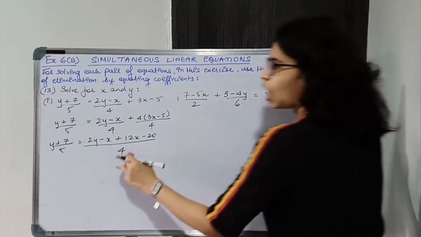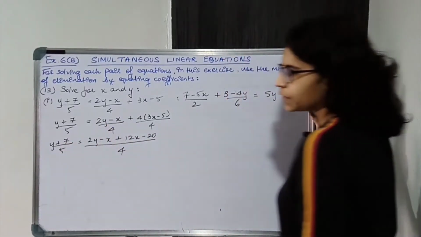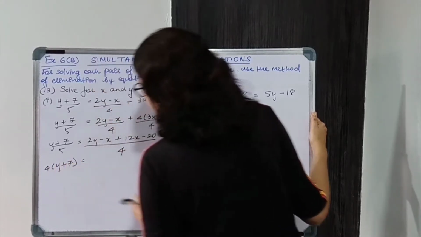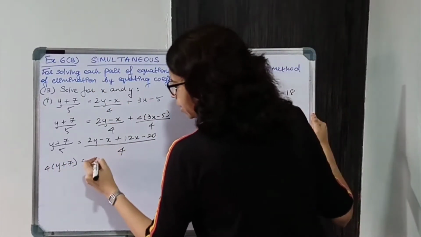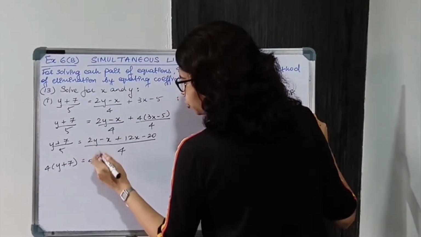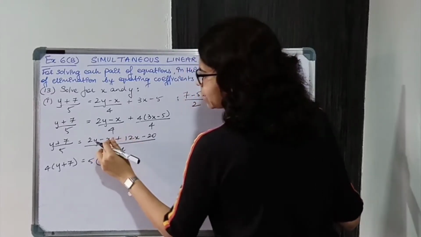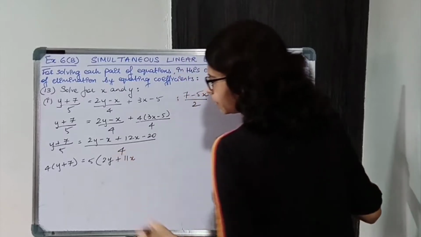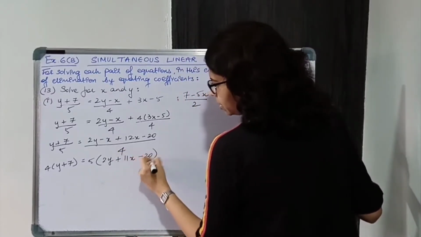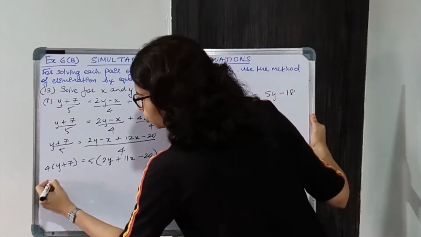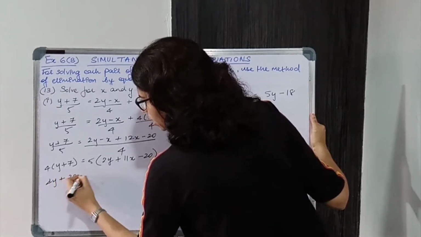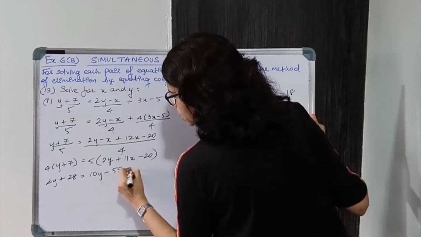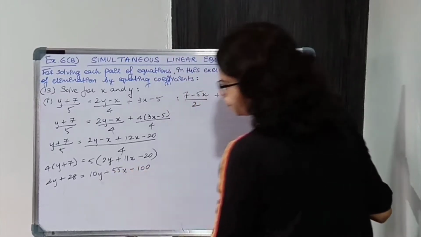Now we'll cross multiply. So 4 into y plus 7 is equal to, here 5 into 2y will remain as it is. 12x minus x gives 11x, minus 20. So 4y plus 28 is equal to 10y plus 55x minus 100.